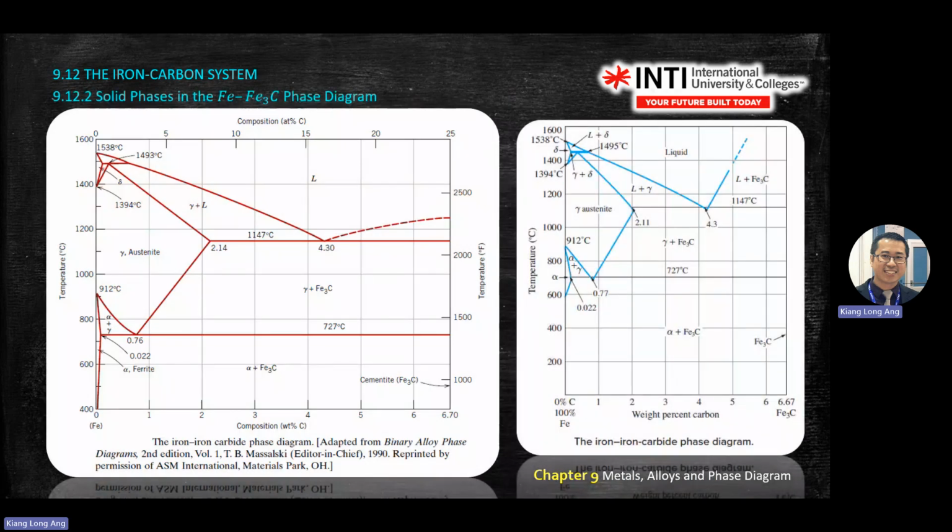So again, this is a very popular graph for your assessment. If you compare left and right, actually they are the same, only they stretch it longer, bigger, and clearer. For example, this one is compact. So they stretch the graph so they reach until 6%.